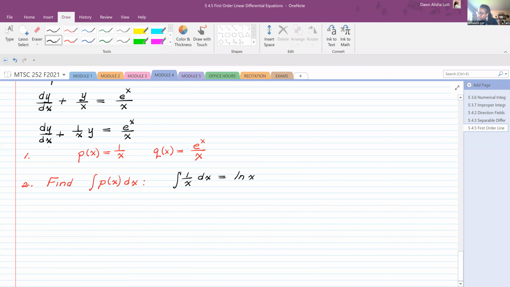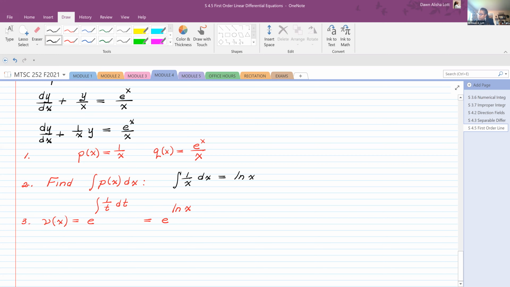Okay, so now what is nu? Well, it's e to the integral of that thing. So that's e to the natural log of x. Everybody see that? When you integrate, you get log of x.